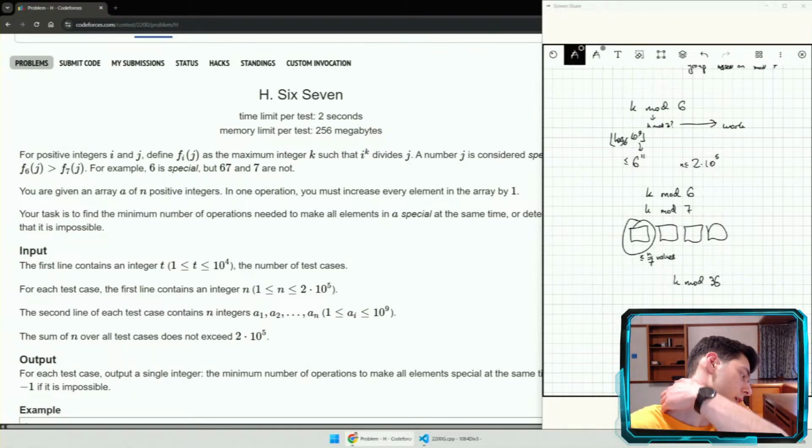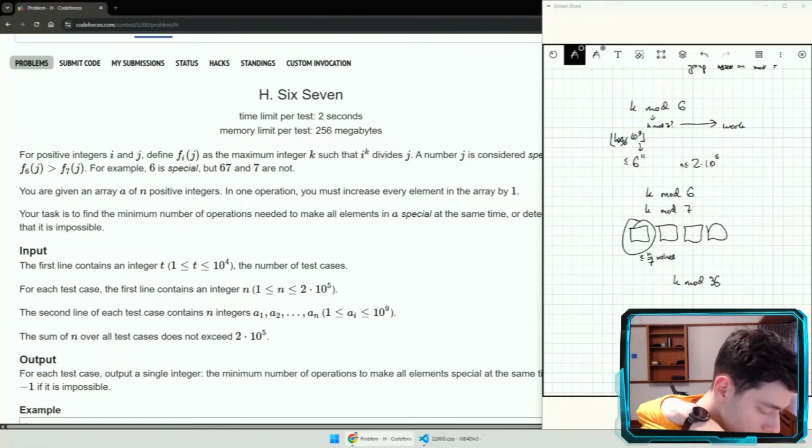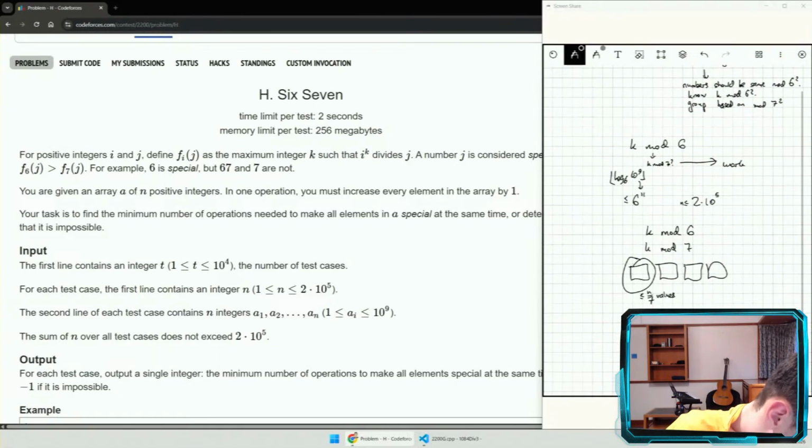The answer I get here is then they're grouped based on mod 7 squared as well.